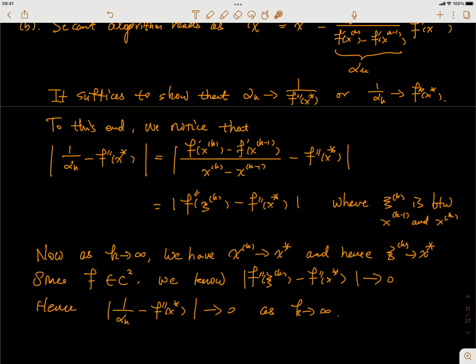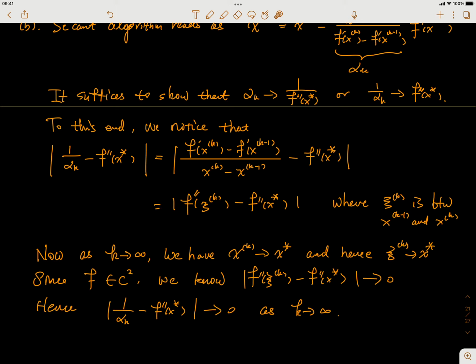As k goes to infinity, we can show that these two actually are the same, or this actually converges to that. The reason is that f double prime is continuous since f is in C2. So ck converges to x star, then f double prime of ck converges to f double prime of x star. So we show that this should go to 0.